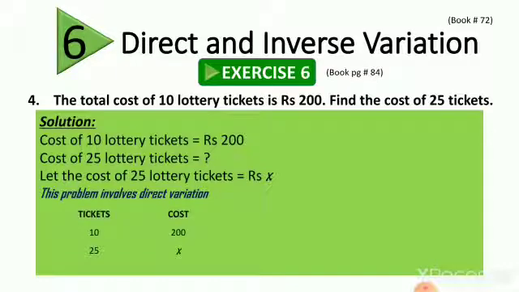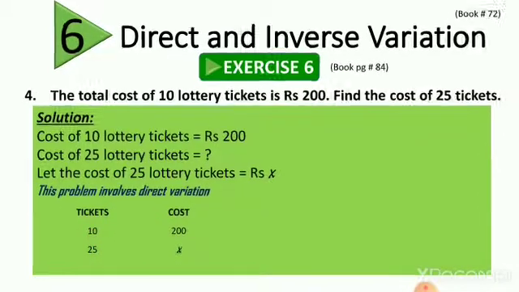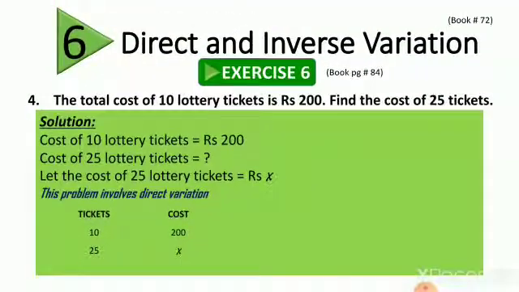So for direct variation, first of all we have to write the values for ticket and cost separately. Tickets, first for 10 tickets the cost is 200, and for 25 tickets we have supposed a variable x. Okay. So as I have told you in our class lecture, first of all we have to place arrows.